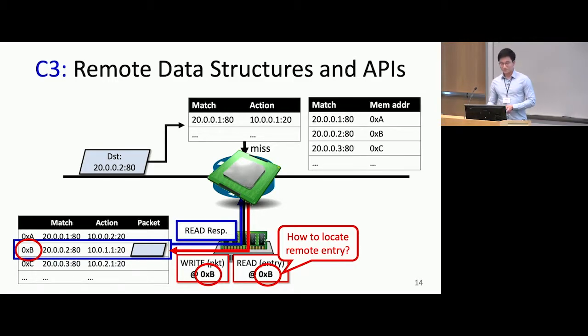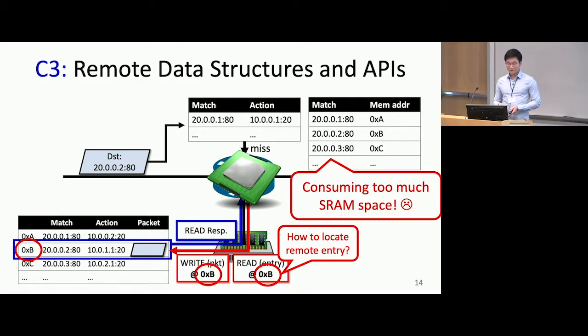One straightforward solution would be to store a mapping between all possible keys and remote memory addresses in on-chip SRAM. However, it would consume a huge amount of SRAM space, which is undesirable. So, how to efficiently extend data structures such as a lookup table to remote memory and support operations such as lookup and update without consuming much SRAM space?